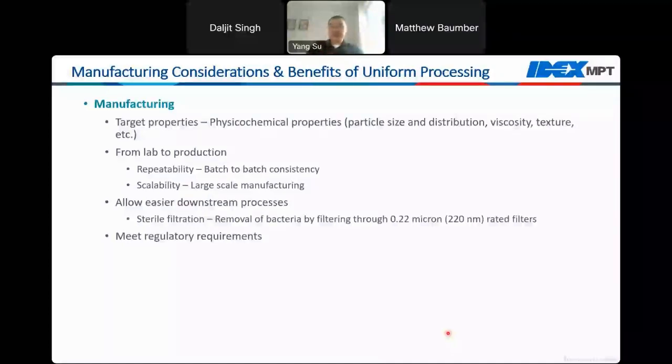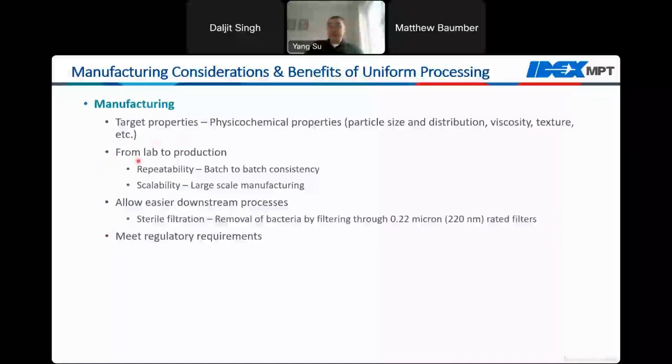When we're talking about nanomaterials and nanotechnologies, obviously particle size and size distribution is probably the most important thing, or at least one of the most important things, because you need to be able to achieve a certain size and maintain that good size or narrow size distribution. And often when you achieve a certain size and distribution, it will also lead to desired properties for the product, such as viscosity, texture, etc.